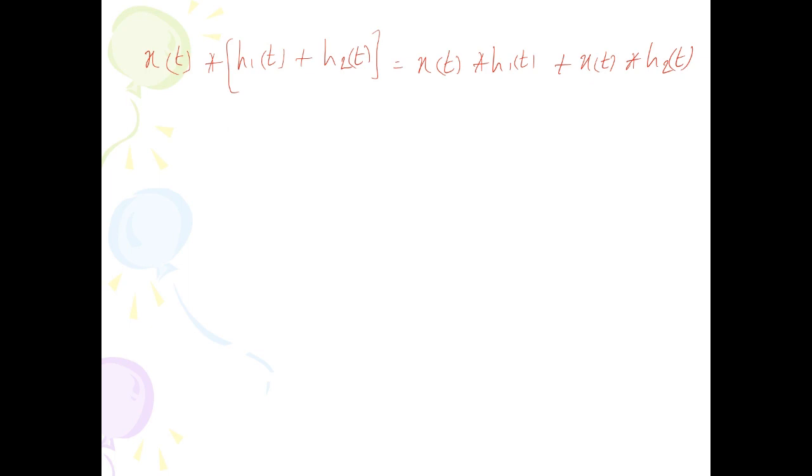So this we can understand as an interconnection of systems. This is one system and this is another system. This is h1 of t and this is h2 of t, and the input x of t is common.